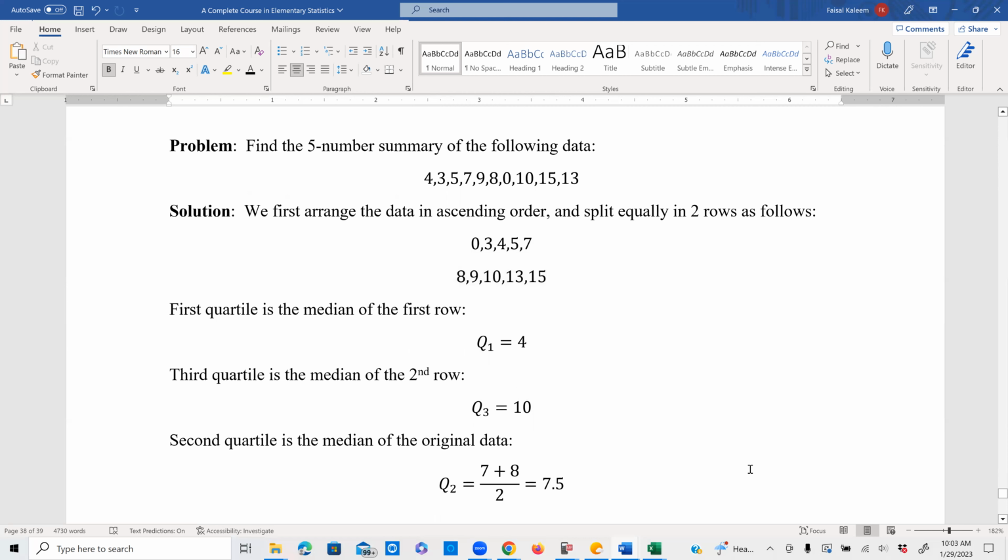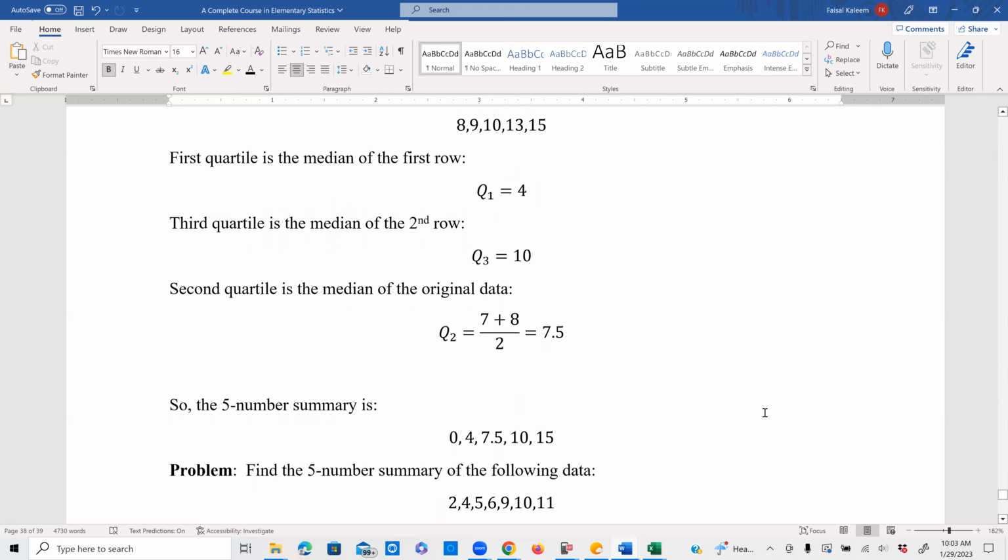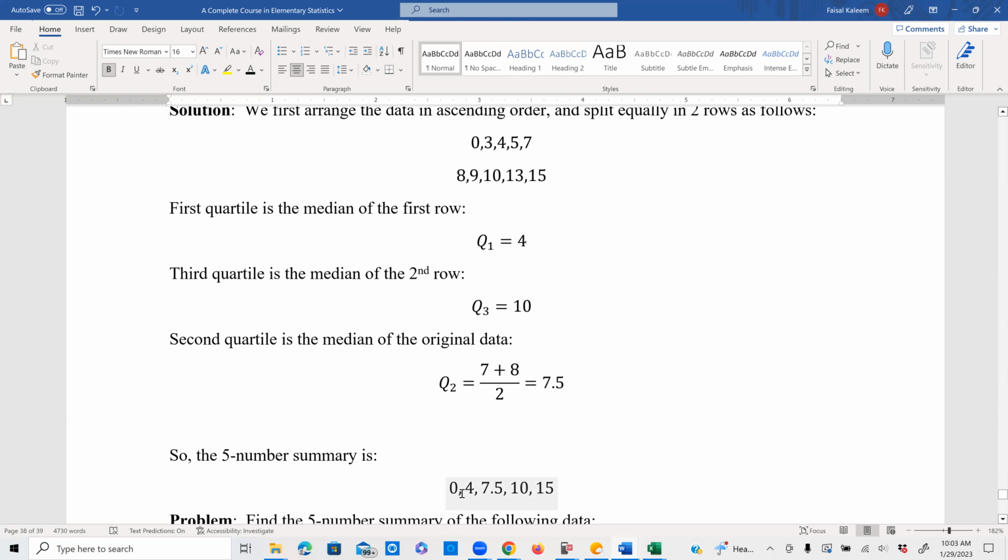And the second quartile is the median of the original data. In the original data, you will see 7 and 8 are in the middle, so the median will be the midpoint of those, which is the second quartile. So the 5-number summary is the minimum, which is 0, then the first quartile 4, then the second quartile 7.5, then the third quartile 10, and then the maximum.